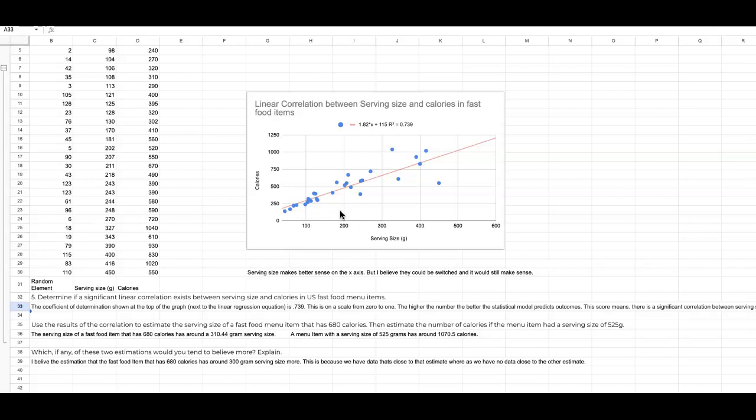I would tend to believe a prediction in the lower left more than I would in the upper right of the line, just because we have data values that are close to that estimation. So I'd say the limits of the prediction, it's less accurate the higher the serving size gets.